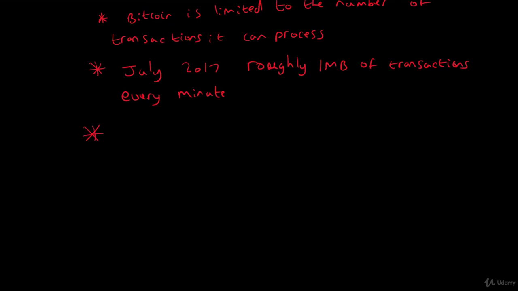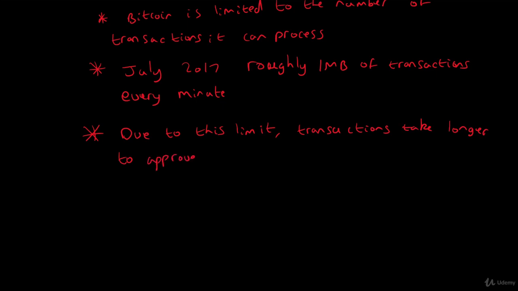So due to this limit, transactions take longer to approve, which obviously is bad because you want fast approval rates, and that will ultimately get more users on there and make the network better than alternatives.